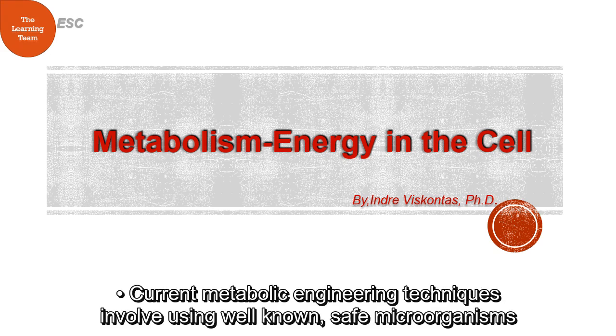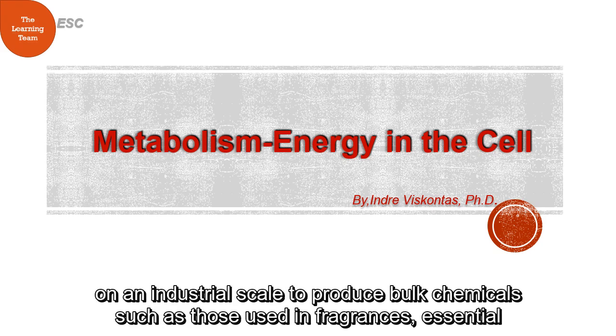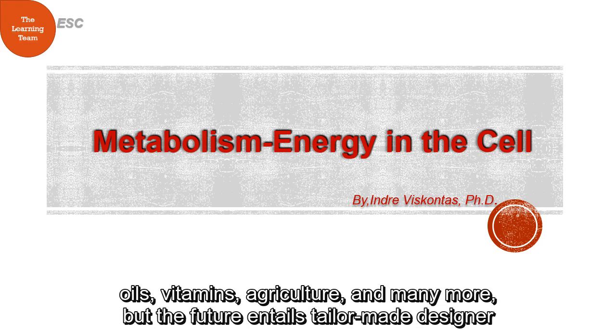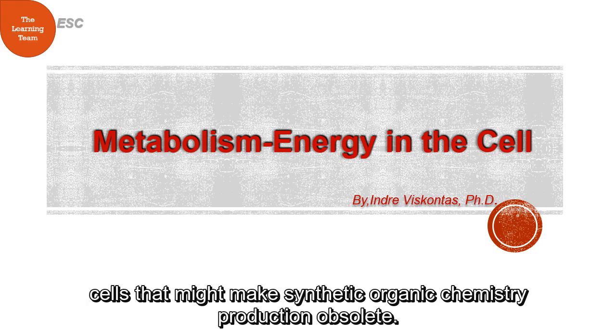Current metabolic engineering techniques involve using well-known, safe microorganisms on an industrial scale to produce bulk chemicals such as those used in fragrances, essential oils, vitamins, agriculture, and many more, but the future entails tailor-made designer cells that might make synthetic organic chemistry production obsolete.